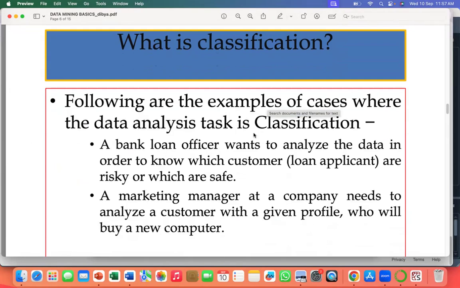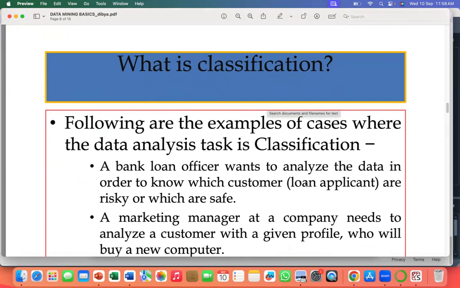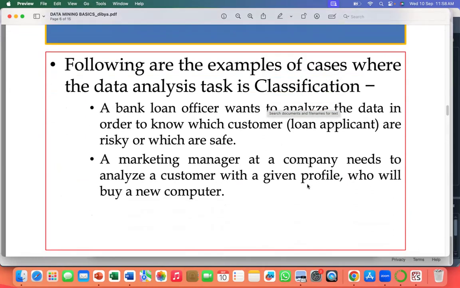With the help of a few examples, I will try to explain this term classification. A bank loan officer, say, wants to analyze the data in order to know which customers, or you can say loan applicants, are risky and which are safe.